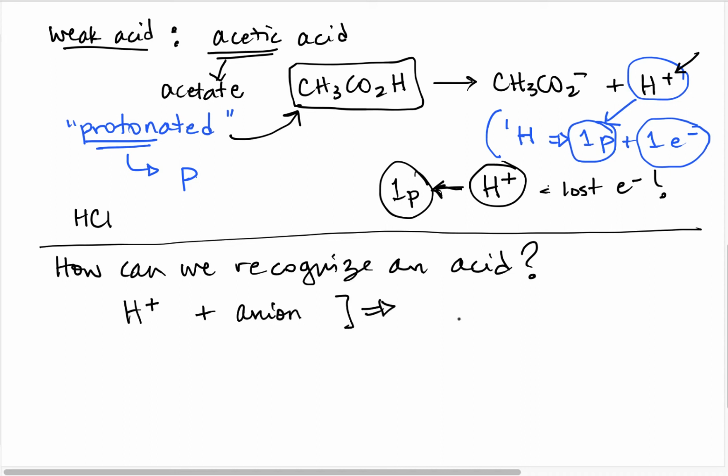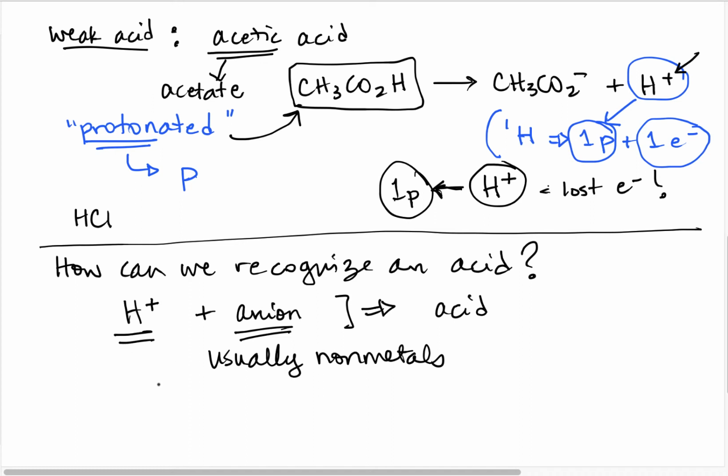And usually this anion is non-metal, but we have a couple of metal containing anions, but most commonly we will see an anion that contains some nonmetals, and we also have to have the presence of at least 1 H+.